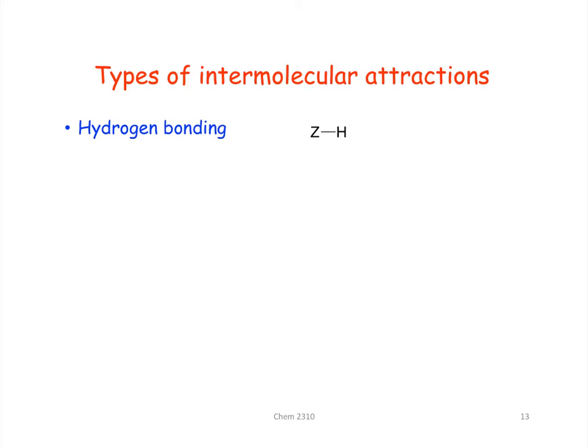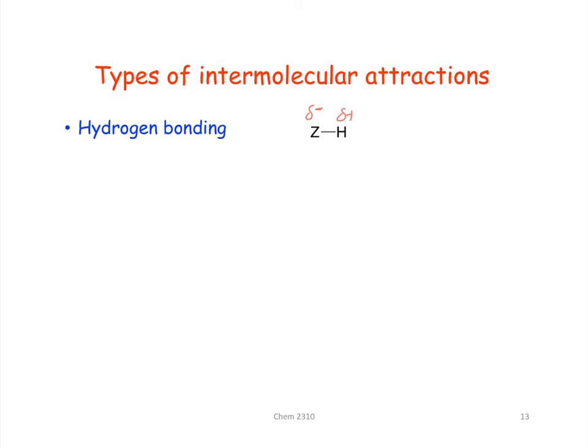All right, so the last type of intermolecular attraction that we're going to look at is the hydrogen bond, and this is really just another example of a dipole-dipole, but it's a big group in its own right, and it's very important in biology and biochemistry. So let's imagine now we have a bond, and in this case the hydrogen is going to be delta plus, so it's less electronegative than whatever this Z group is, which is delta minus.